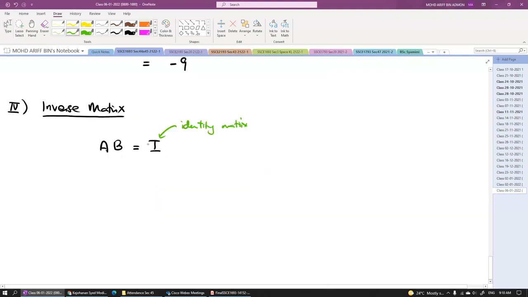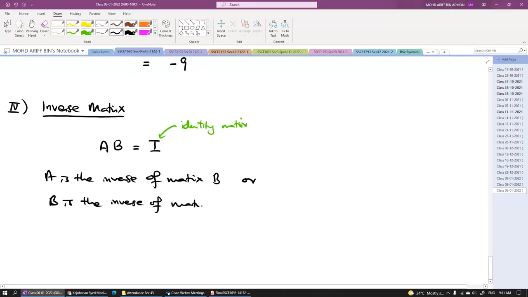So if you get this, we can say that A is the inverse of matrix B, or B is the inverse of matrix A. Either one, because when you multiply A and B you get the identity. So A is the inverse of B or B is the inverse of A. Similar.